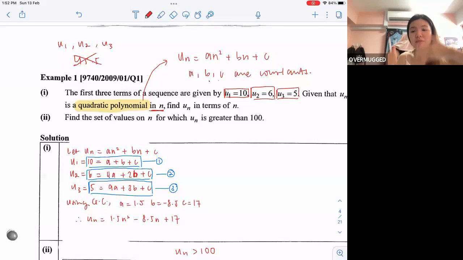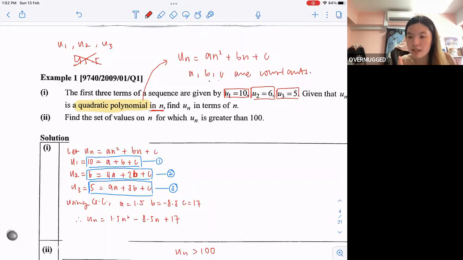Okay, I have another question coming in. Why must n be positive? Because we always start from the first term. Can n be 0? Yes, only if the question defines it. If not, the basic assumption that you will make is that it always starts from the first term, which is why we always start from U1.